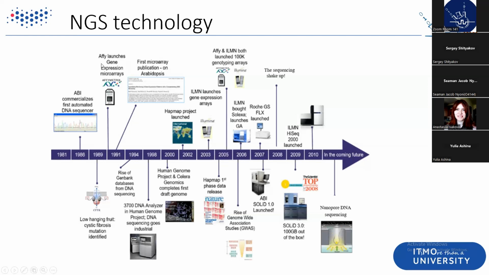Then the Affymetrix platform, the chip-based platform, was introduced in 1991. The first microarray publication was done on Arabidopsis thaliana, and the rise of the GenBank database has spurred research in these directions.